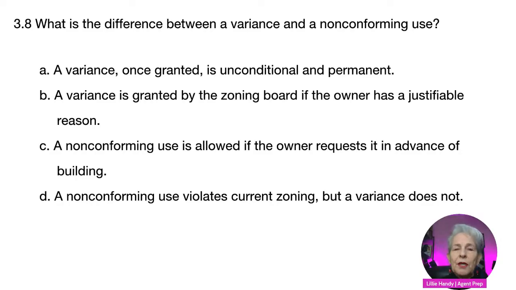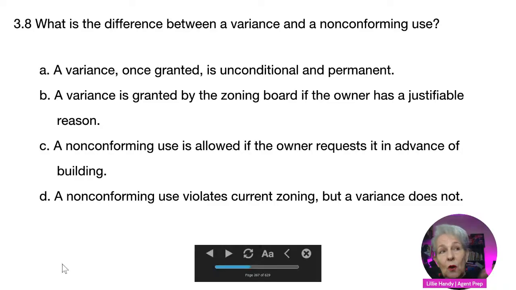The zoning board will then send out a letter to the community within a certain radius, and then they have an adjustment board meeting, and the public can come and the person that requested it. If there is no one against it, then the board, if it meets their requirements, will approve it. If somebody is against it, then the board may reject it. Okay, so that's a variance, it goes through a process.